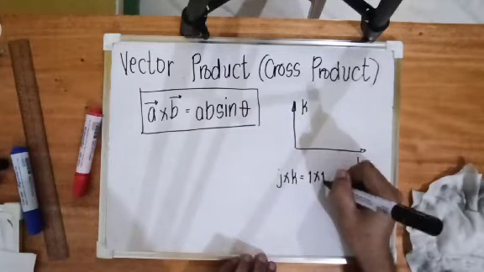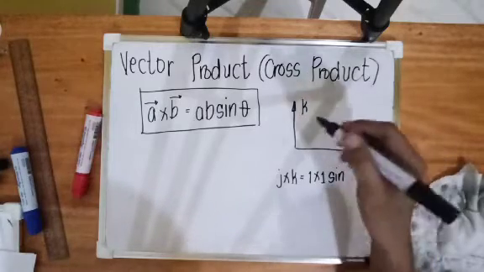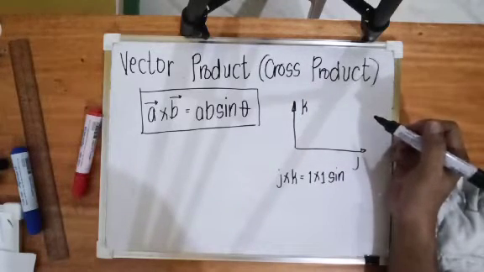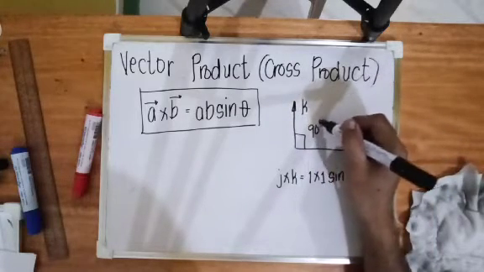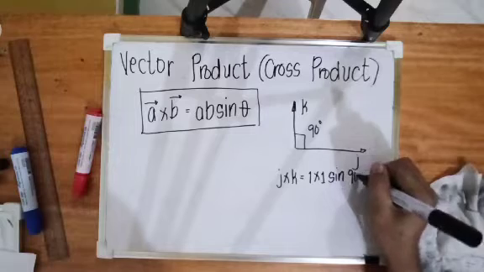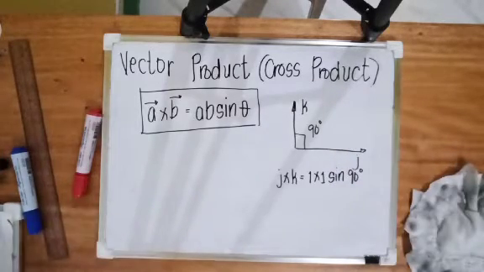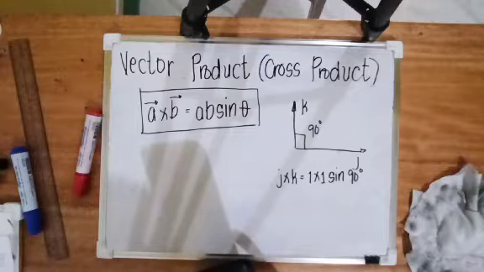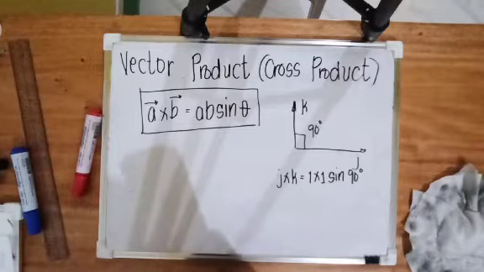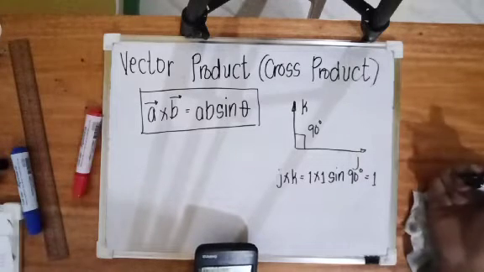So 1 times 1 times the sine of the angle between them. The angle between unit vector J and unit vector K is 90 degrees. Therefore, 1 times 1 times sine 90 degrees is equal to 1.